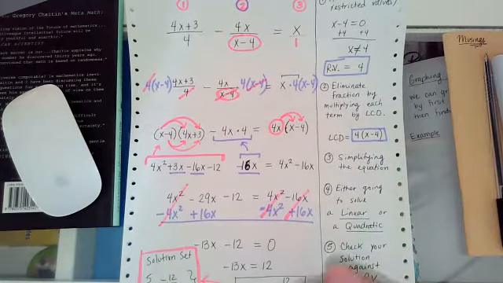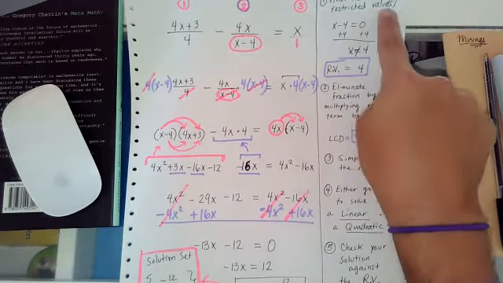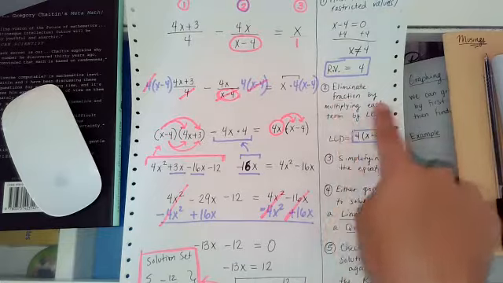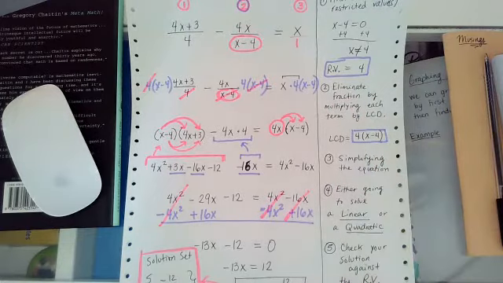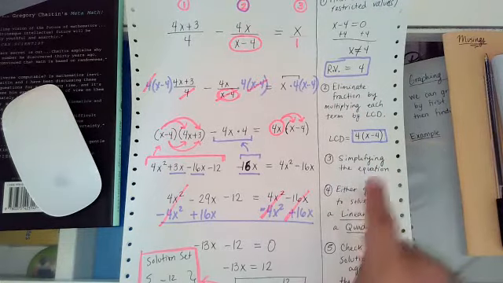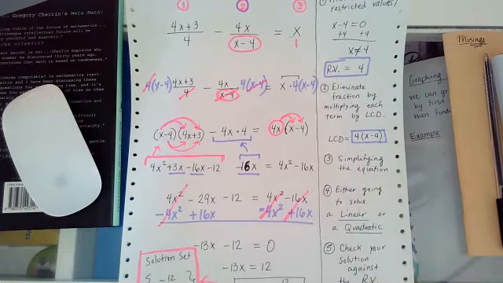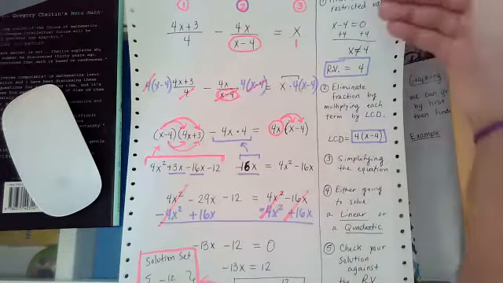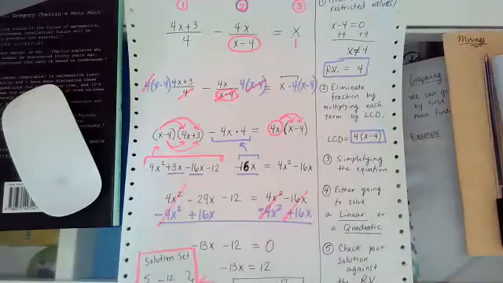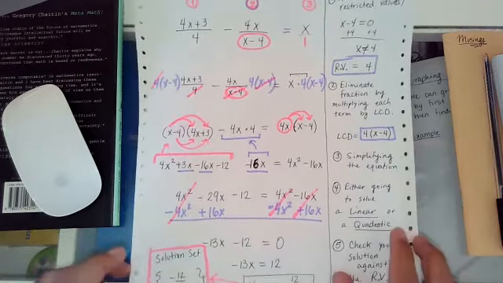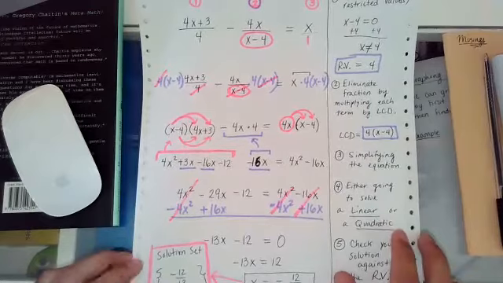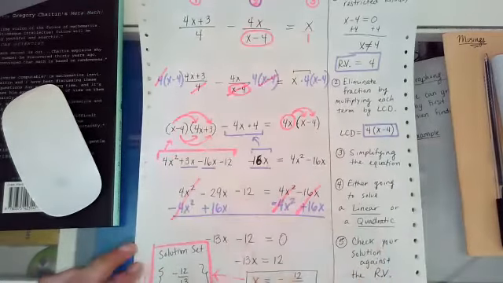You just have to remember what it means to find the restricted value, what it means to eliminate the fraction by multiplying by the LCD, simplifying the equation, solving the linear or quadratic. These steps should be able to guide you in the right direction. But again, I totally acknowledge that it's going to take a lot of practice, which is why we're going to do another problem like this. Did anybody have any questions about this one in particular?